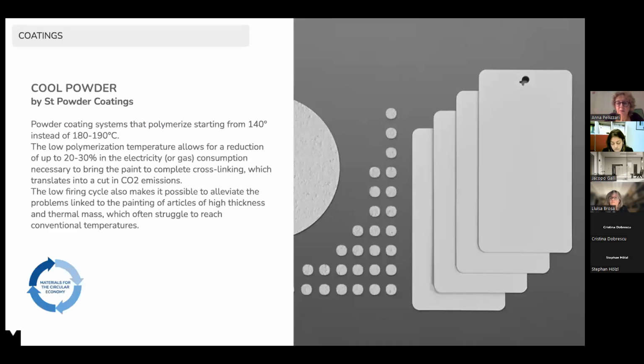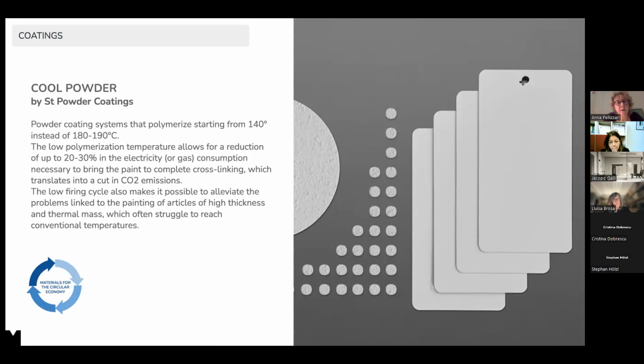So examples of coating solutions. This is a range of powder coating systems that would polymerize at a lower temperature than standard.